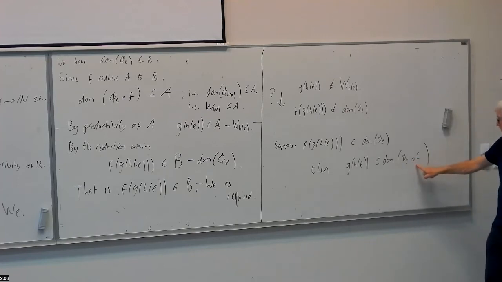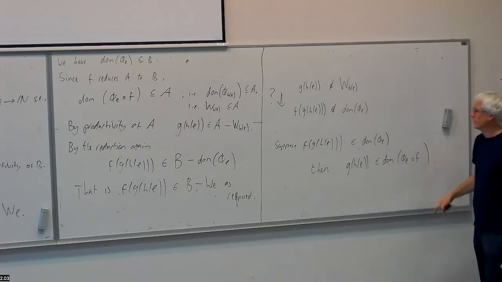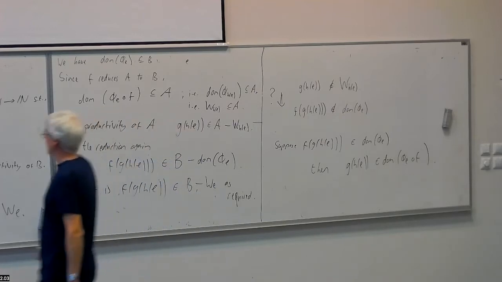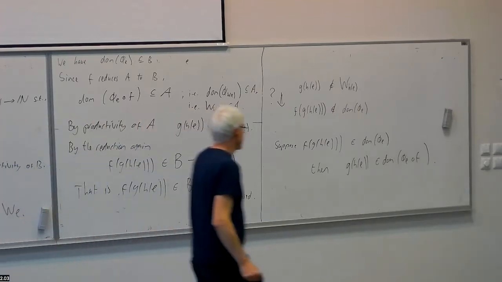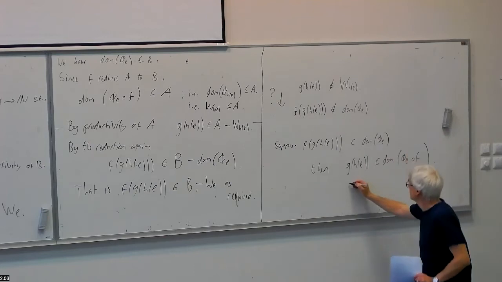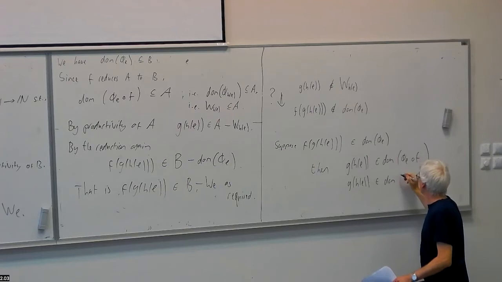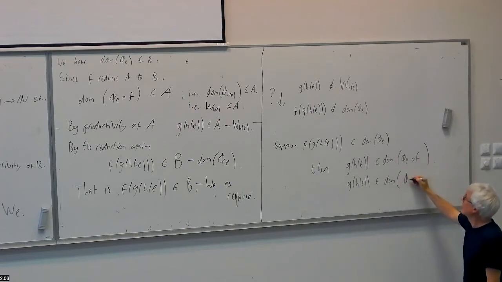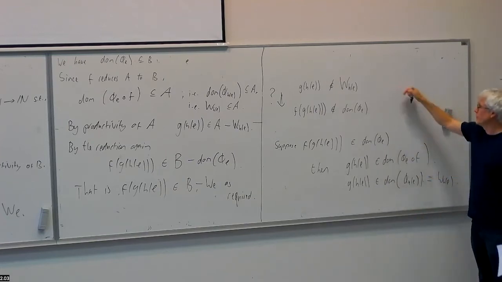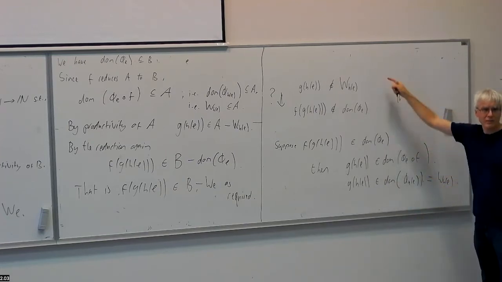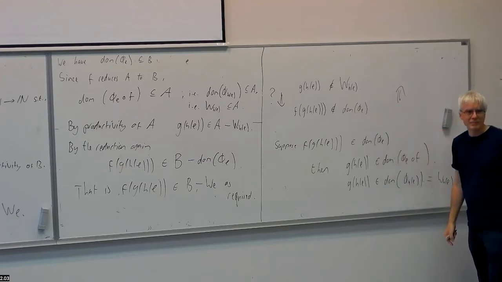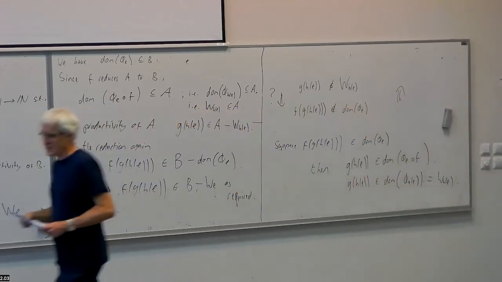And phi of E composed with that is phi of H of E, so G of H of E belongs to the domain of phi H of E, which is W of H of E. So we proved the upwards implication, and therefore we get the downwards implication. Anyway, good. That's a relief.